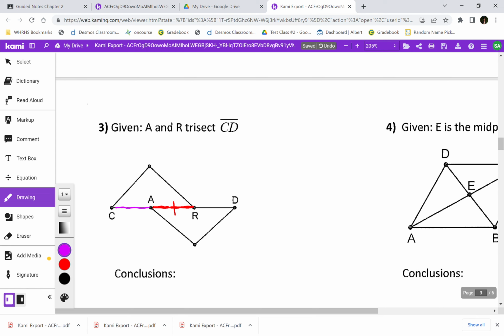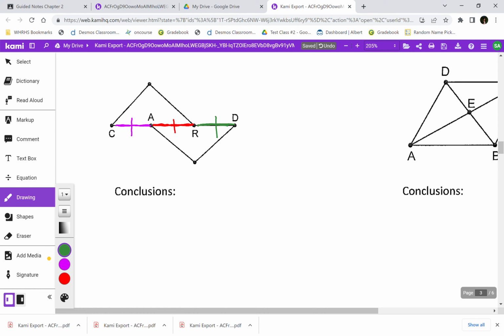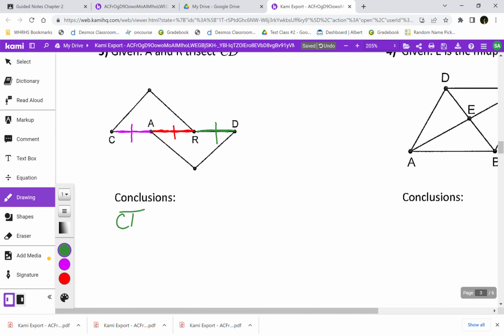CA, so it's congruent to this. What else? You need 3. You got it. Congruent to this, right? So CD has been split into 3 congruent segments. So the best conclusion we can come to is segment CA is congruent to segment AR, which is congruent to segment RD.